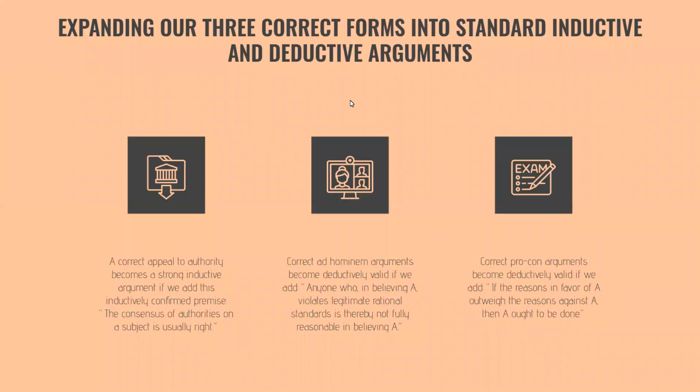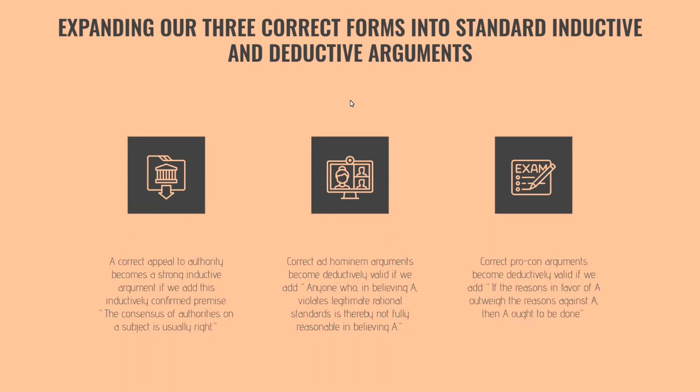We can expand our three correct forms into standard inductive and deductive arguments. A correct appeal to authority becomes a strong inductive argument if we add this inductively confirmed premise. The consensus of authorities on a subject is usually right.